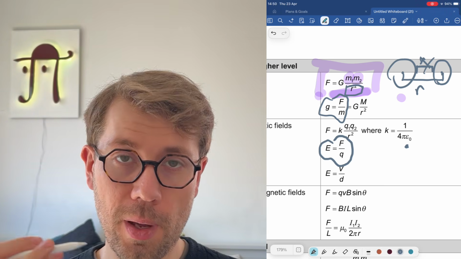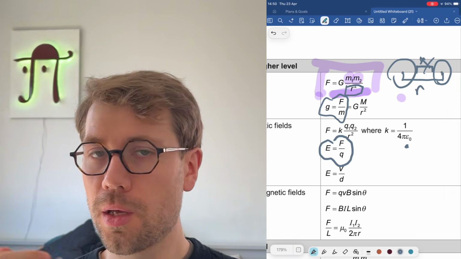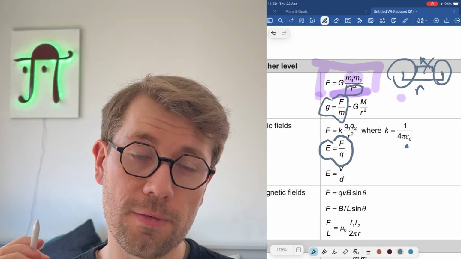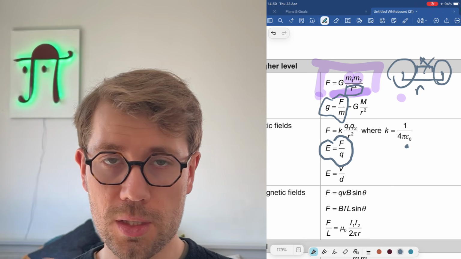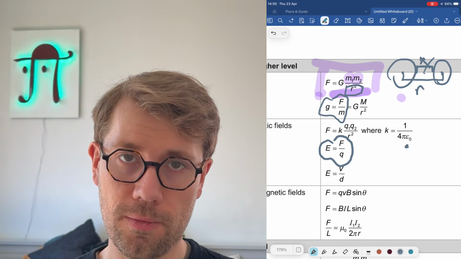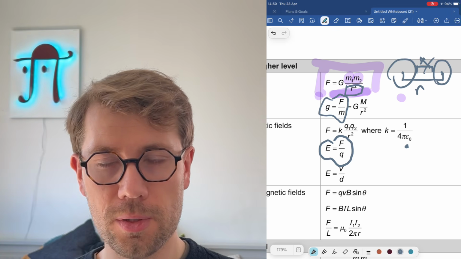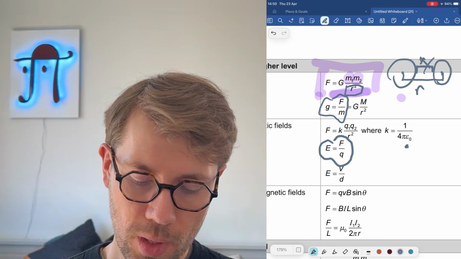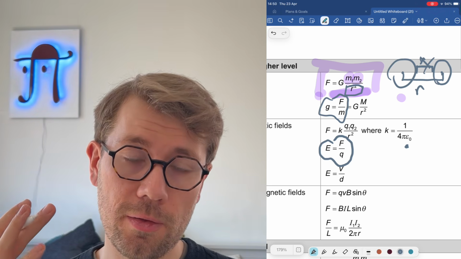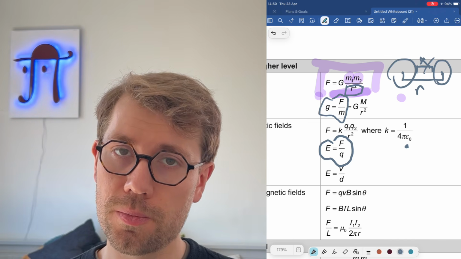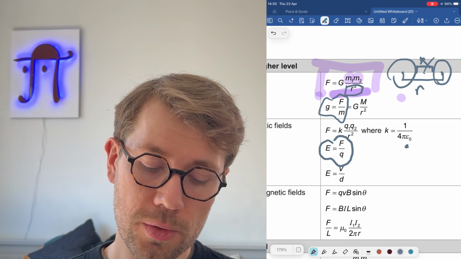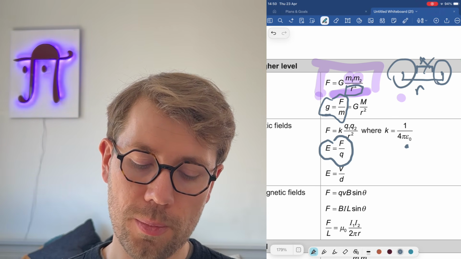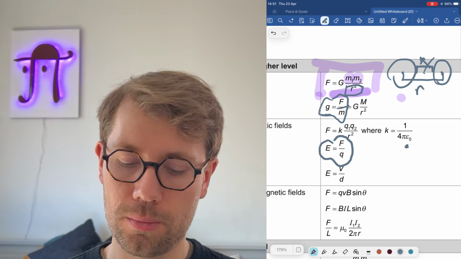Instead of force divided by mass, we go force divided by charge, because this is all to do with charges. E here stands for our electric field strength, not energy, electric field strength. I know we use E everywhere, but that's the way it is. And electric field strength is given in force per unit charge, just like we can also give our gravitational field strength in force per unit mass.